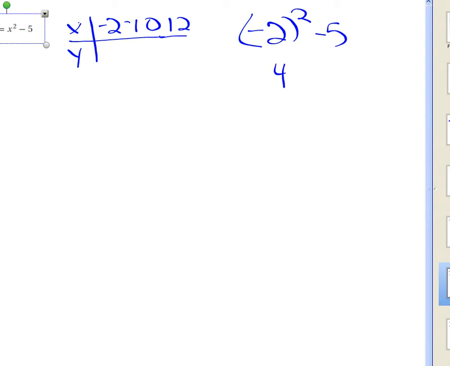Negative 2 times negative 2 is? Yes, at least half of you are wrong. Okay, 4 minus 5 is? Yes, I'm aware some of you said that, but some of you also said +1, 9, -9, and other.